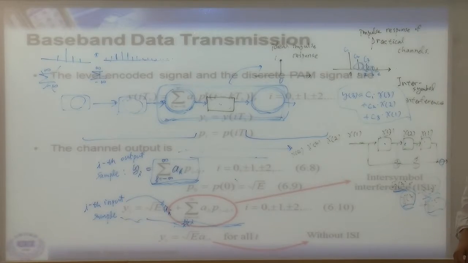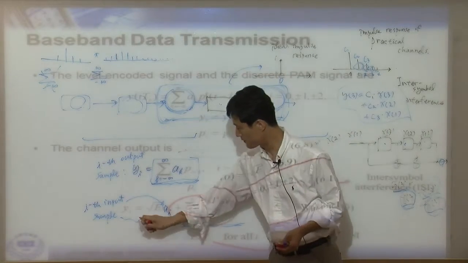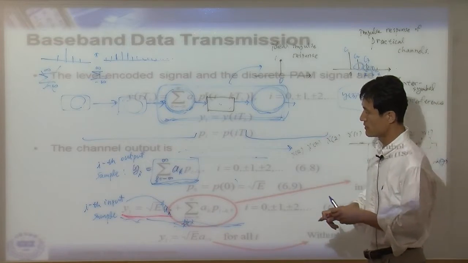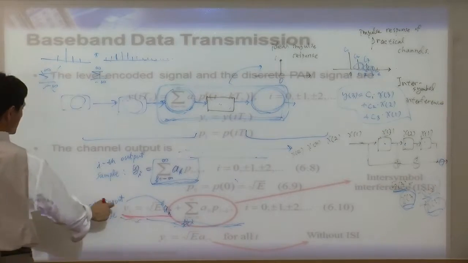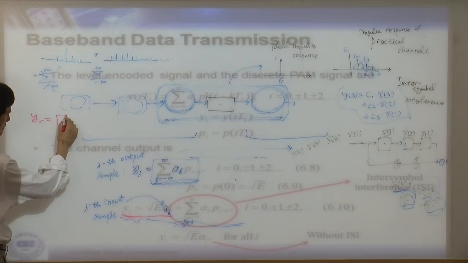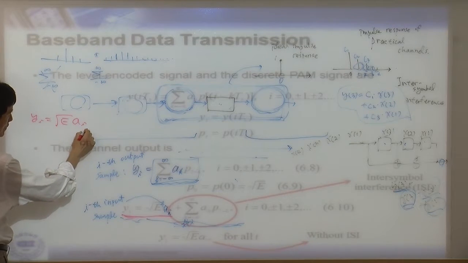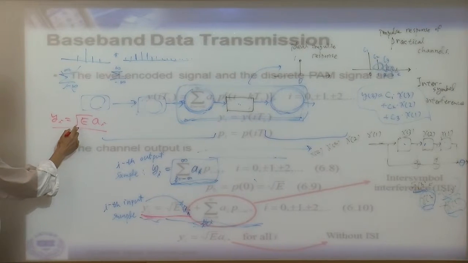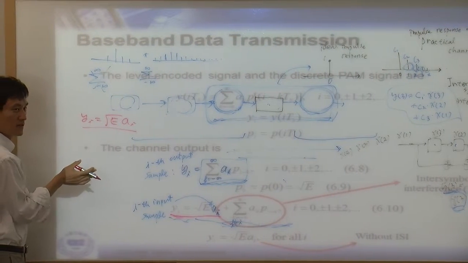So when you look at simply this relationship, y_i equals root E a_i, that basically means that you have input at the ith sample time, right? And your output is going to be simply a simple amplification, no delay.